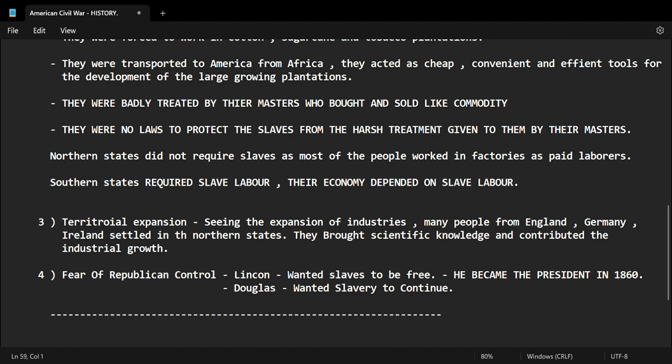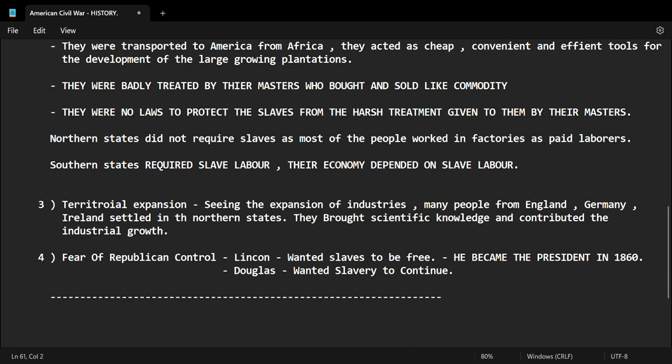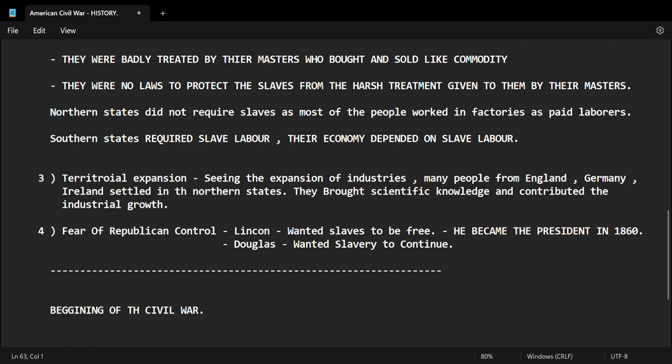Okay, now this is the beginning of the Civil War. The southern states attacked first because they did not want to accept Lincoln's rules.